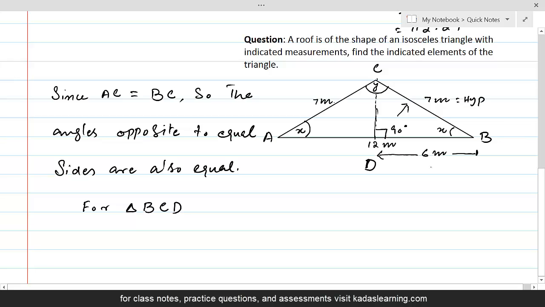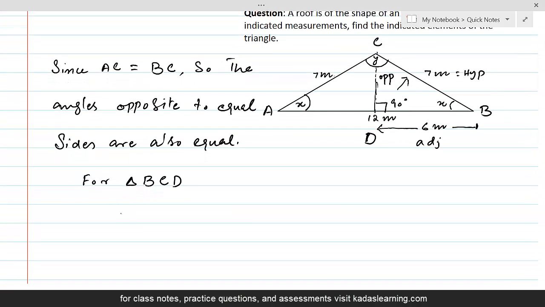If this is the hypotenuse, then CD is opposite and this is adjacent. And if we want to find that angle X, we can consider defining the cosine of the angle X.